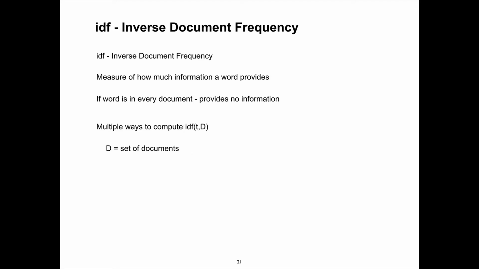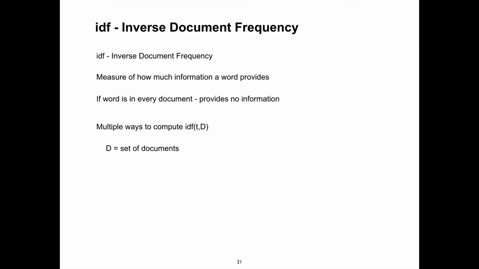The IDF, inverse document frequency. The goal is to try and measure how much information that word provides. If the word is in every document, it's not going to help us separate the documents out, because it's everywhere, so it doesn't give us information.